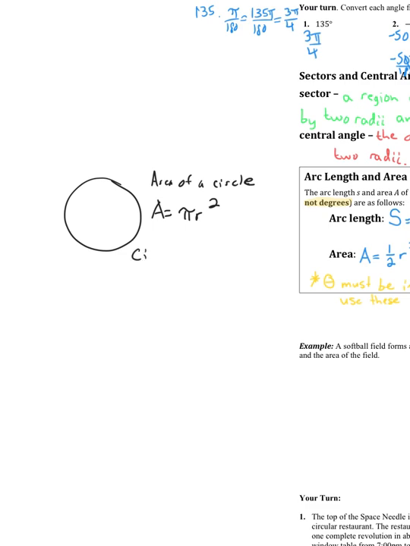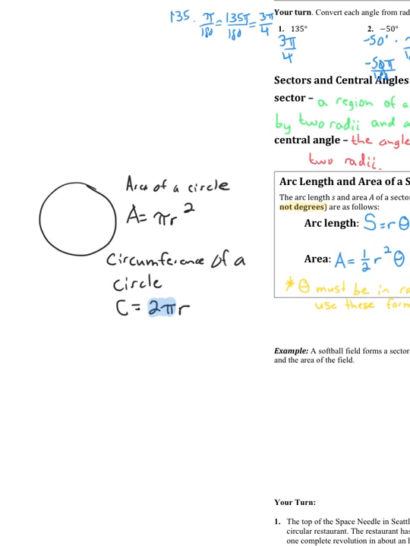Or the circumference of a circle. Circumference was either pi times d, but I'm going to use 2 pi r instead, 2 pi times the radius. Well, guess what 2 pi represents? Radians. The circumference of a circle is the entire radians, 2 pi, times the radius.